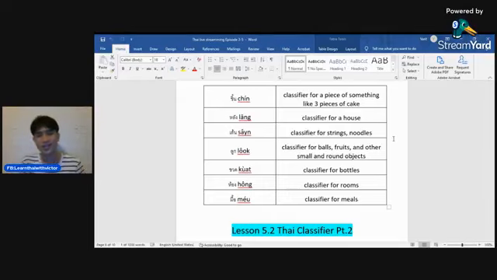It does not use the specific classifier, so technically it is not correct grammar, but Thai people are used to it and understand it to mean 2 bedrooms and 2 toilets. The last one for today is มื้อ, a classifier for meals. For example, กินข้าว3มื้อ, eat 3 meals. คุณควรกินข้าว3มื้อ, you should eat 3 meals.